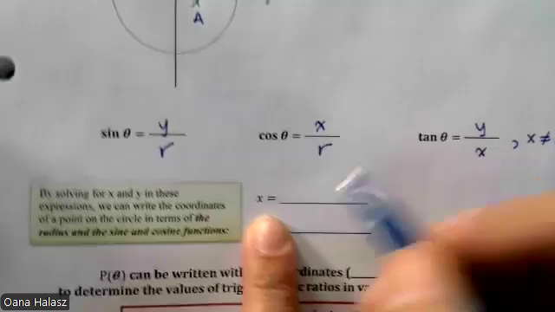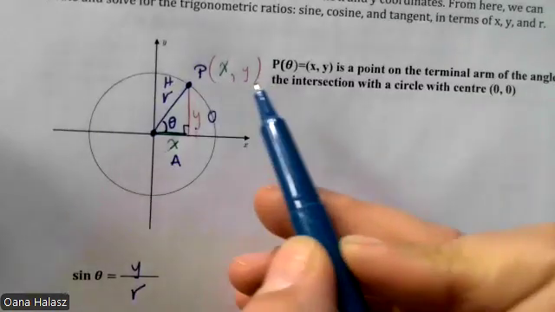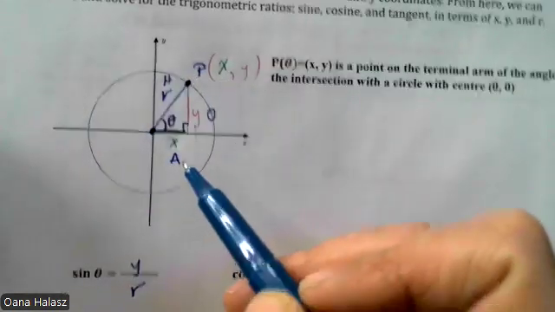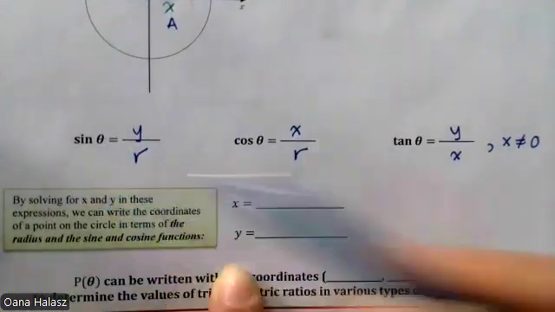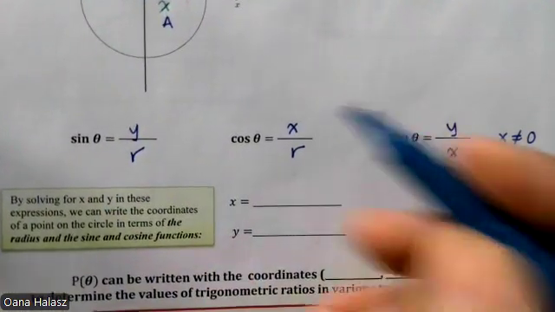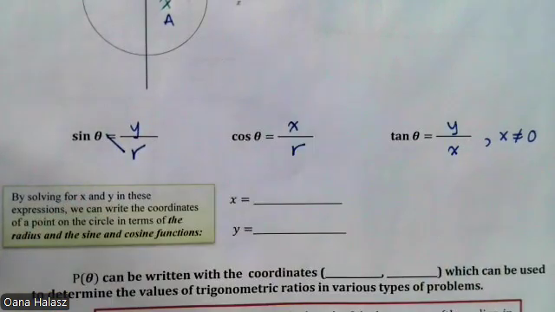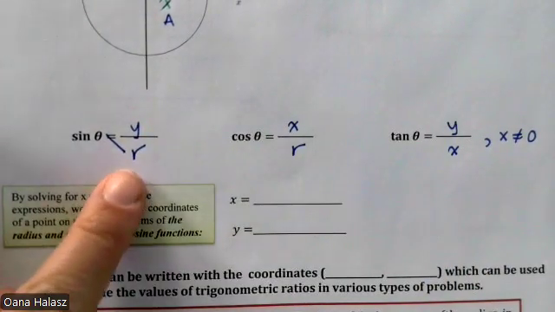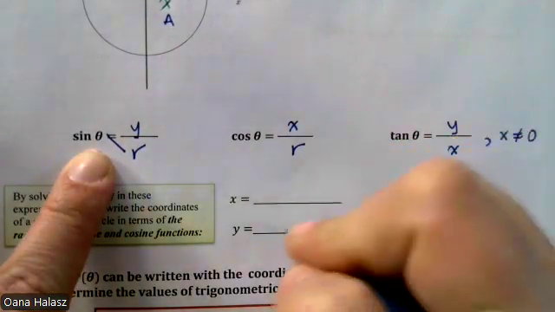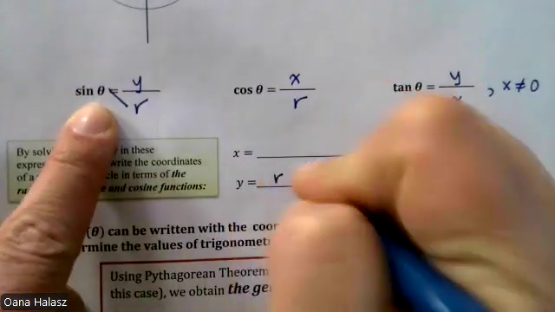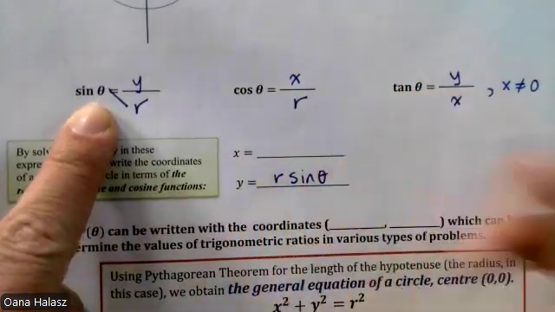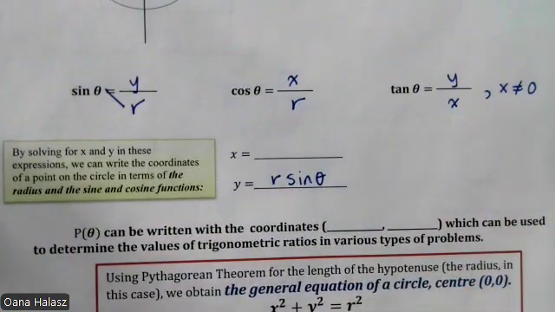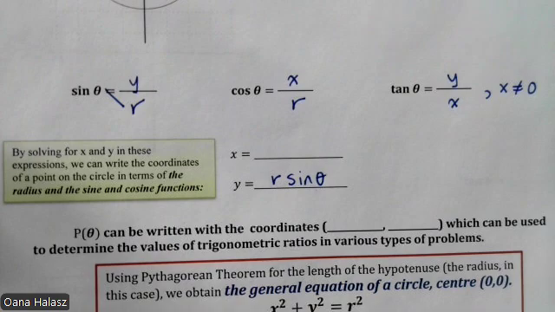Now, I can describe the x and the y, like the position of any point on the circle, using the rearranged values of these ratios. So for y, just have to cross multiply here. So you can say it's r times sine of theta. So if you know the angle and if you know the radius of that circle, you can figure out the position y for a point.